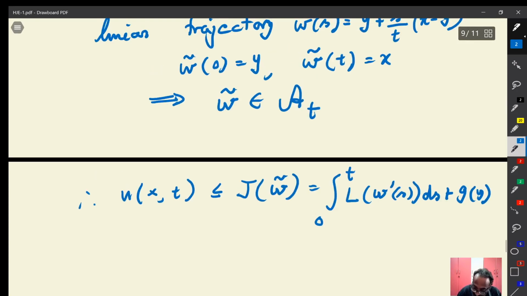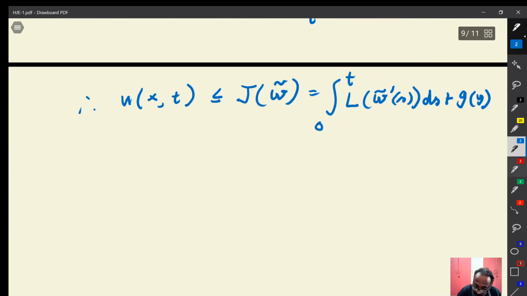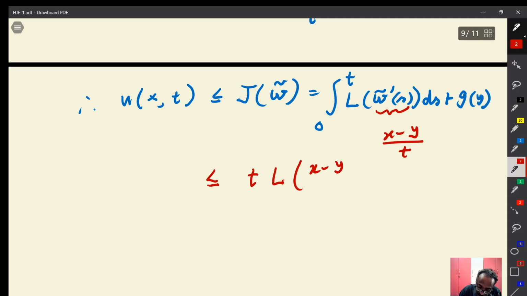But W tilde prime with respect to s is nothing but (x minus y) by t. There is no s there because this is a linear trajectory. So that is less than or equal to, that will come out, and then you integrate, you get t L of (x minus y) by t plus g of y. You see?